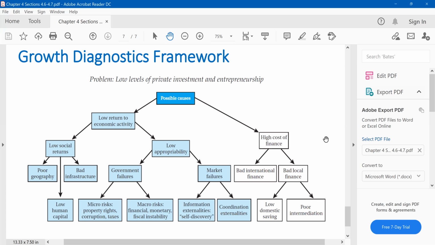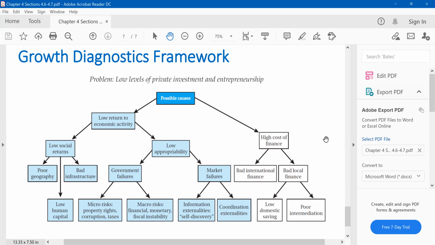Now, if you think about low returns, of course, there is now an iteration. Now you iterate the question to ask, all right, but why the returns are low, right? So that's now important. And in that case, you find two answers. One is low social returns.